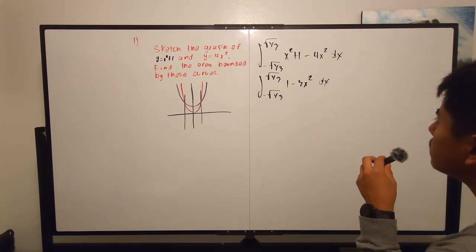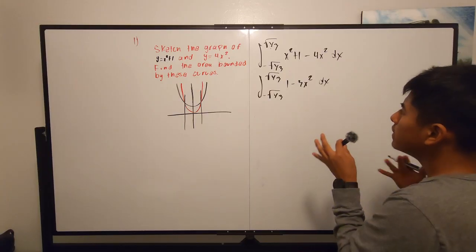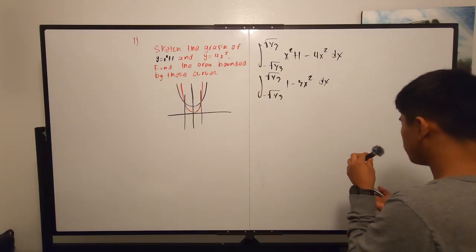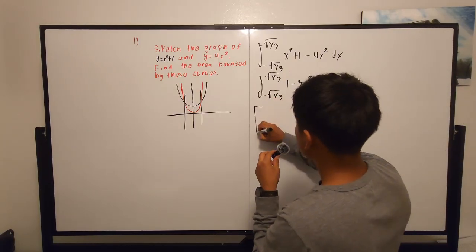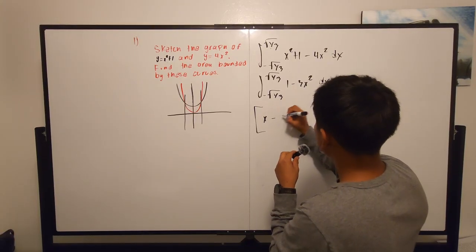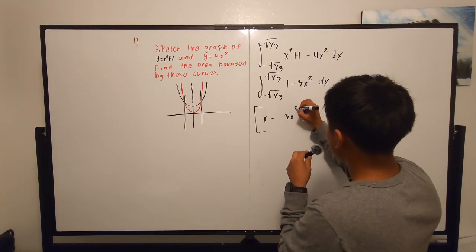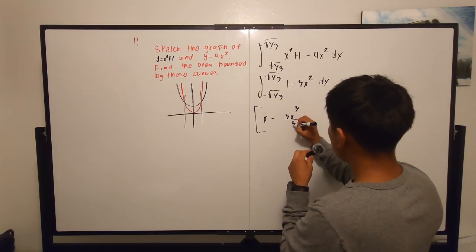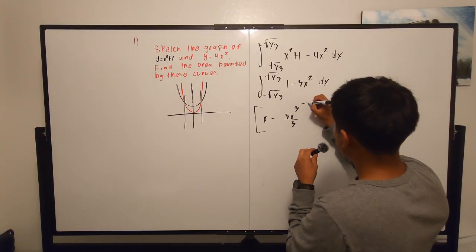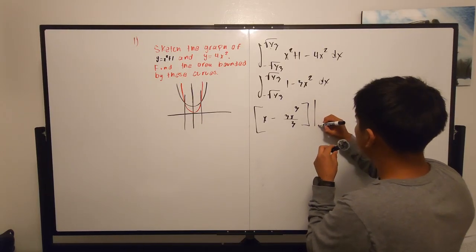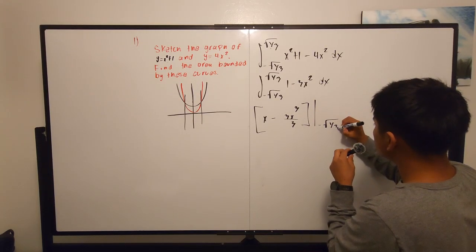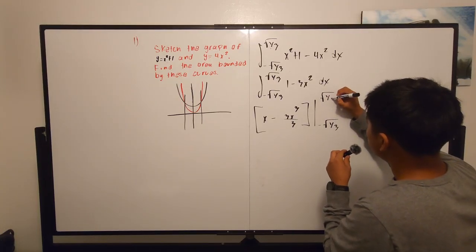Okay, and now we can integrate. It's going to be a simple reverse power rule. So we have x minus 3x cubed all over 3, evaluating from negative square root of 1 over 3 to the square root of 1 over 3.